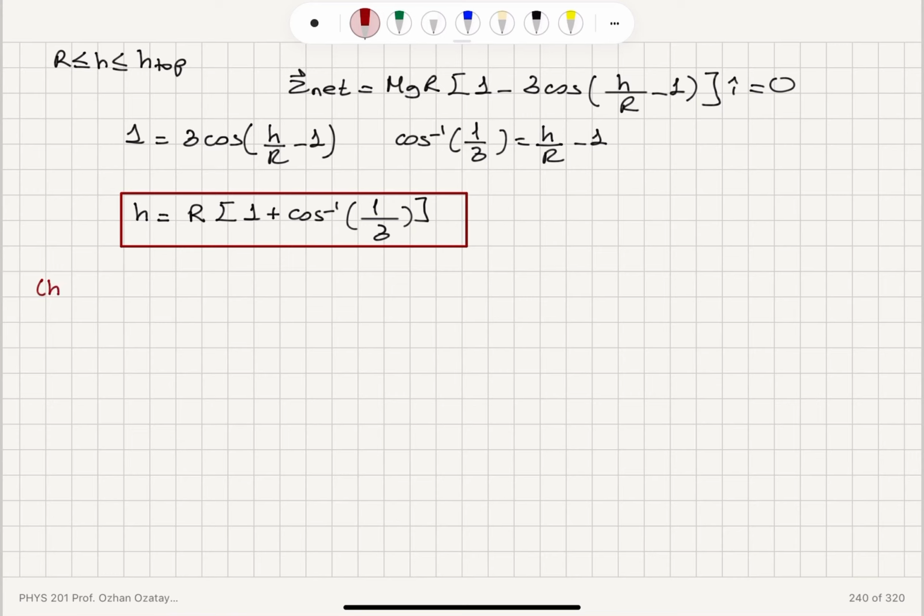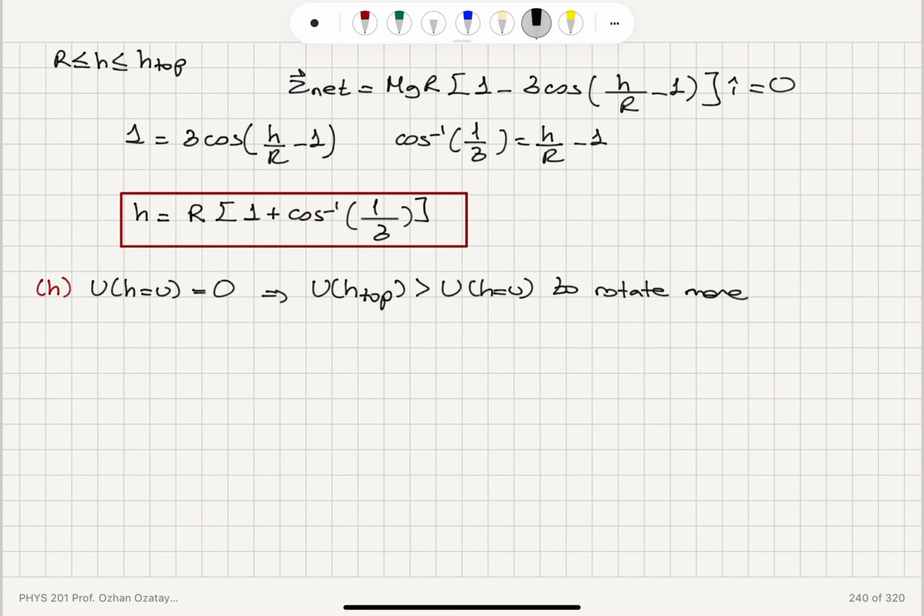Okay, now I'm looking at the potential energy, which I know was defined to be 0 at h equal to 0. So when the potential energy on top is greater than the potential energy at the bottom, it will rotate. So it will rotate more than 180 degrees to reduce the potential energy.